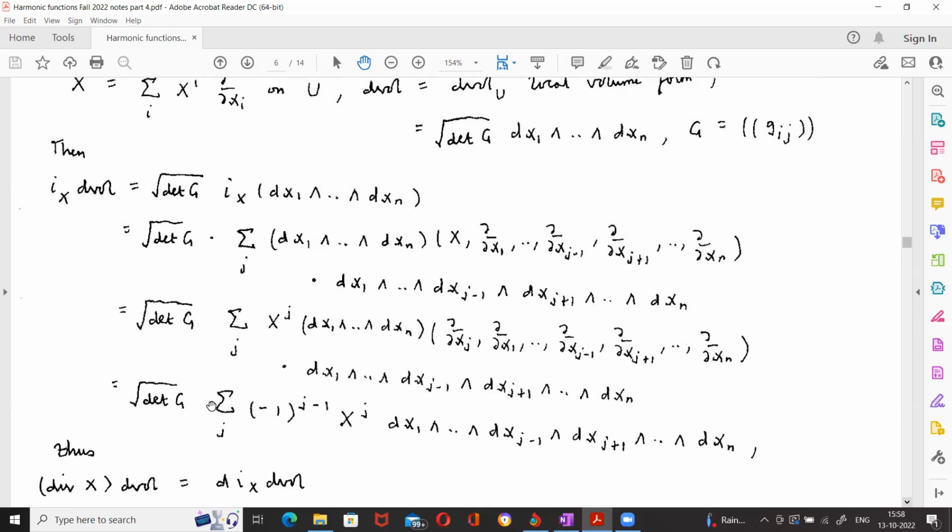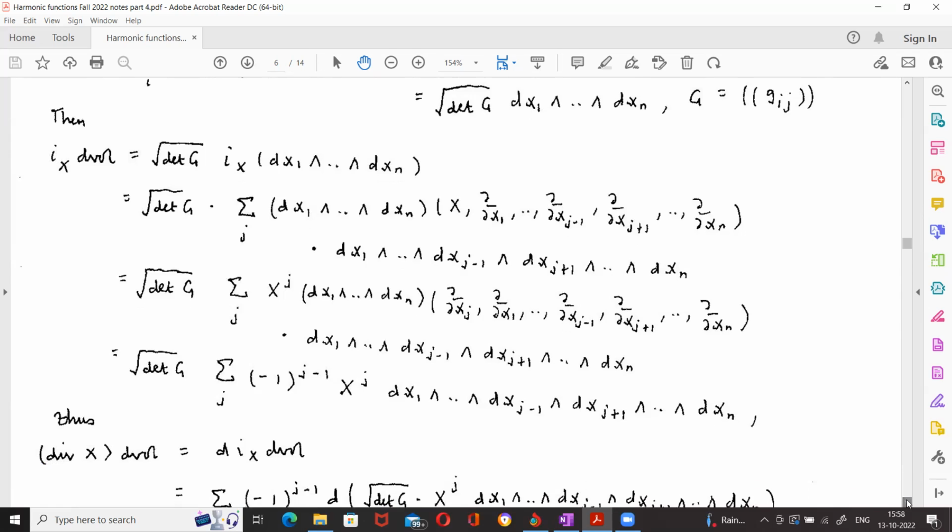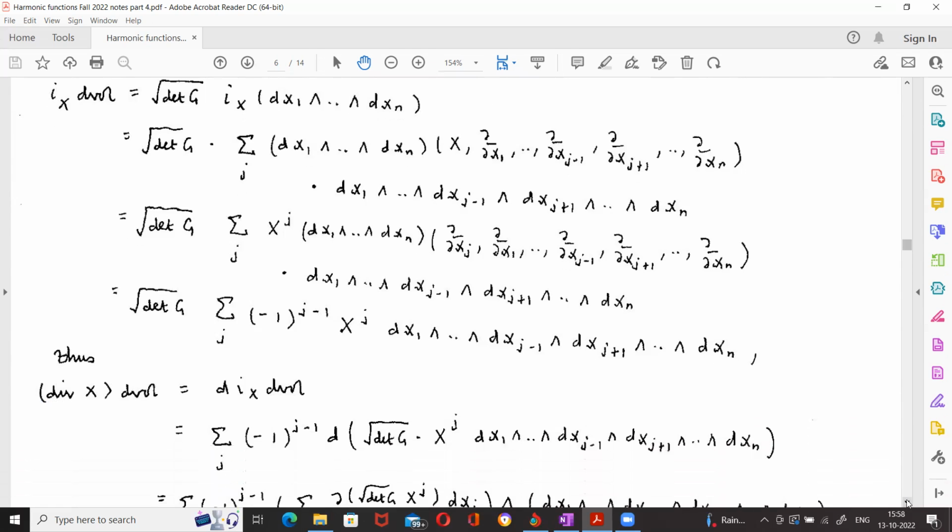So therefore I'll get finally that Ix dvol is equal to square root determinant G into the sum over j of (-1)^(j-1) X^j dx1 wedge dxn with dxj omitted. So this is the n-1 form Ix dvol. Is this all right?